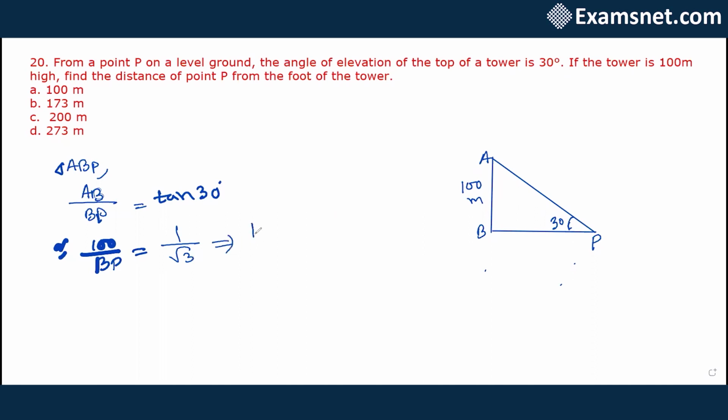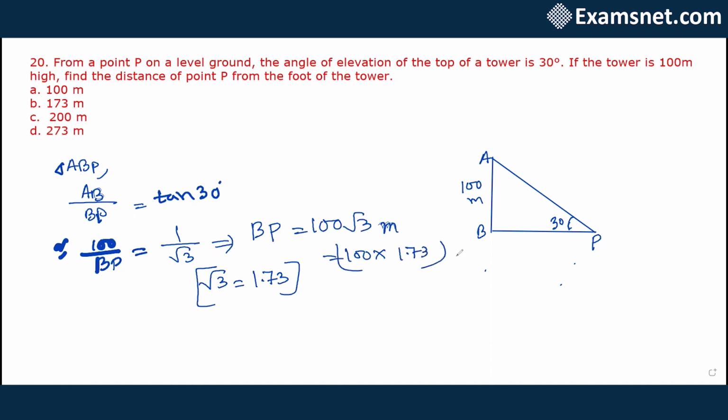So from cross multiplication, we can write BP equals to 100 root 3 meter. And we all know that we can assume the value of root 3 as 1.73 approximate. I will put here 100 multiplied by 1.73 meter. We will get 173 meter approximate. So here option B is the correct answer.